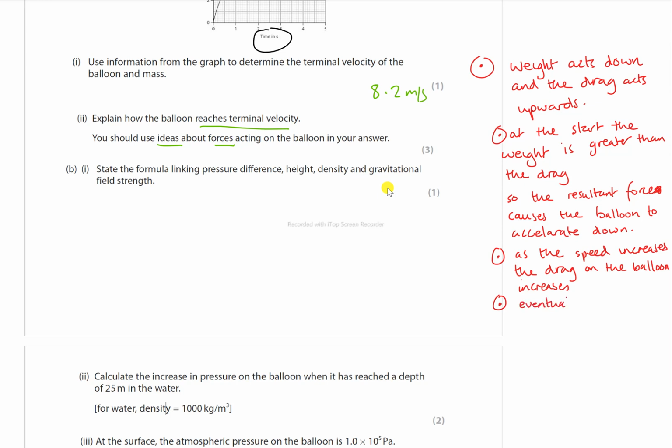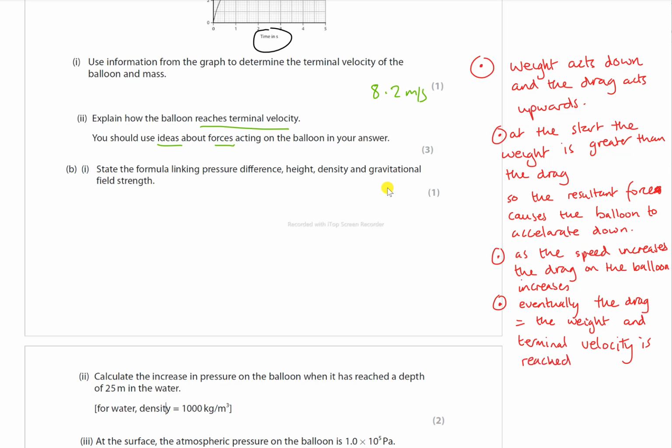Eventually the drag equals the weight force and terminal velocity is reached.